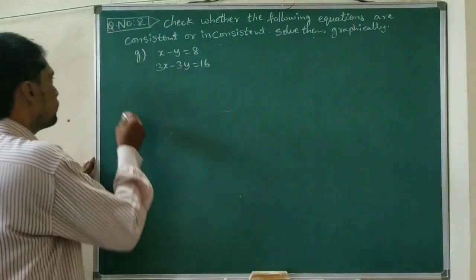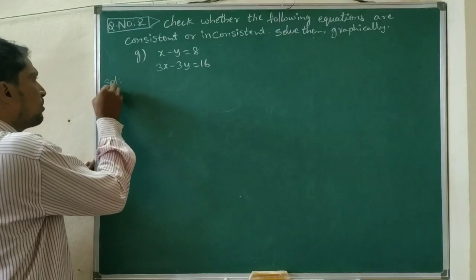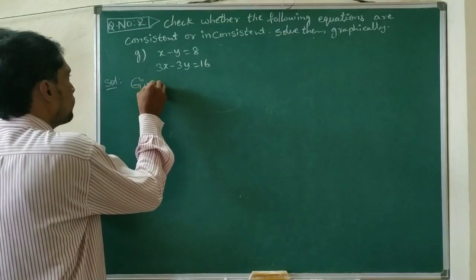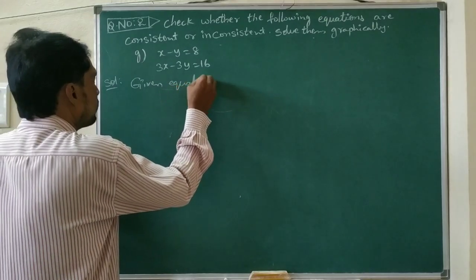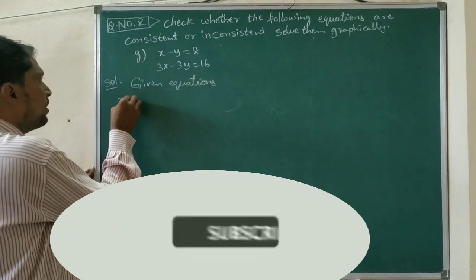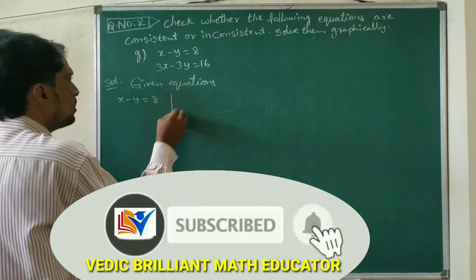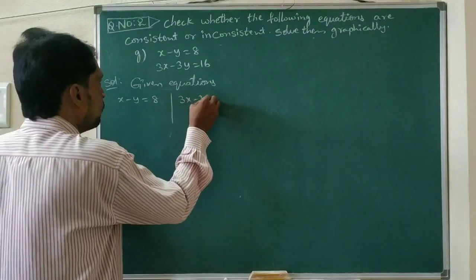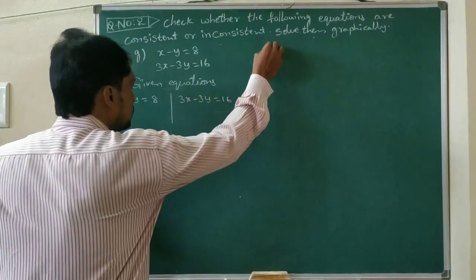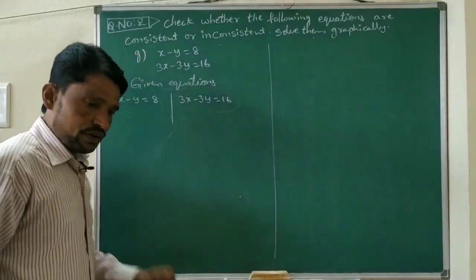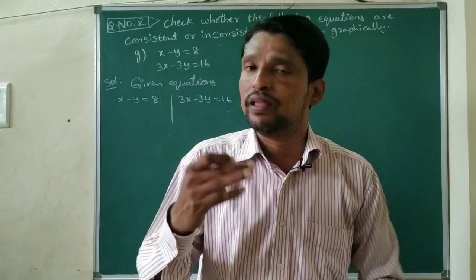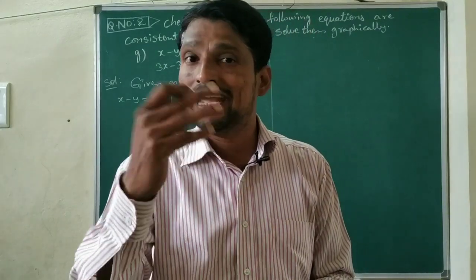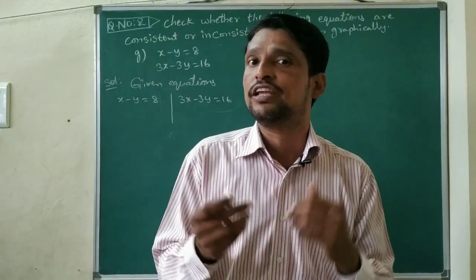Now you can see the solution. Given equations: x minus y equal to 8 and 3x minus 3y equal to 16. We need to write both equations in the form a1x plus b1y plus c1 equal to 0 and a2x plus b2y plus c2 equal to 0.